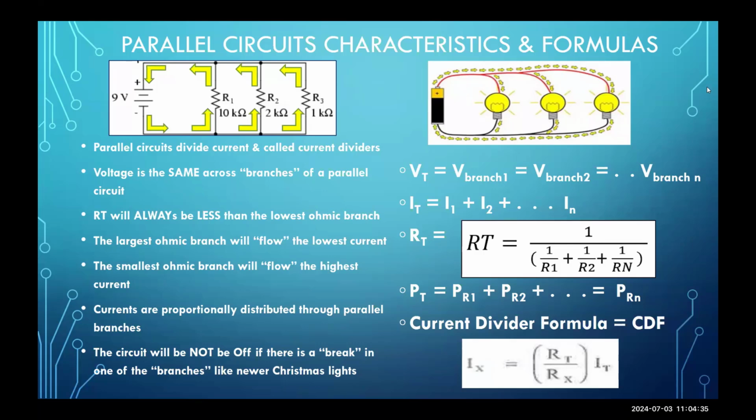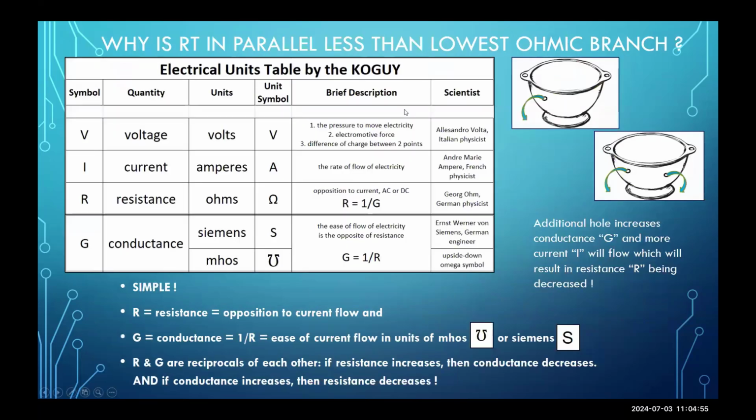Finally, as we previously had VDF, standing for voltage divider formula, for series circuits, in parallel circuits we have CDF, which is current divider formula. And we'll talk about how to apply that later on, but you should transfer these concepts from this page into your journal.